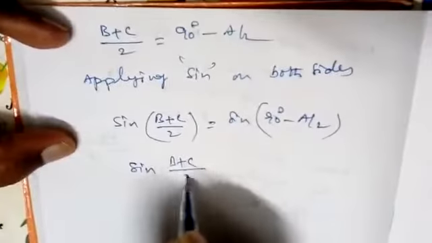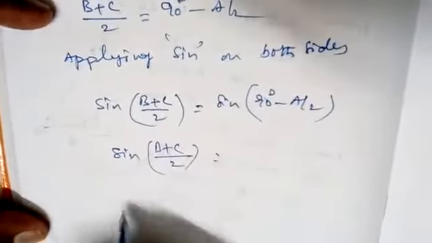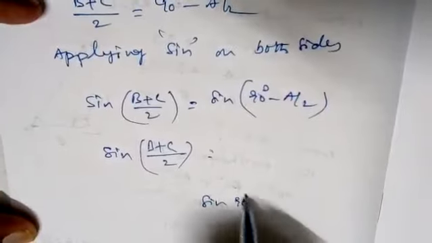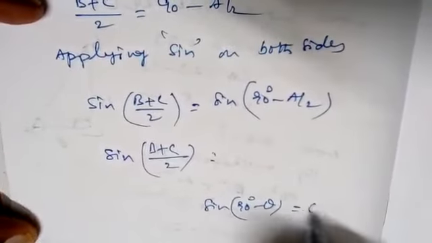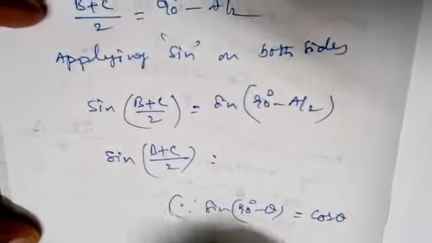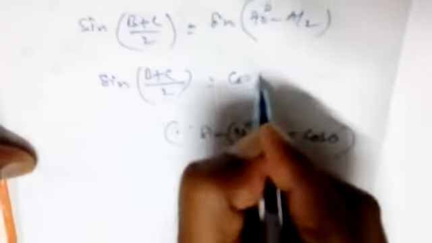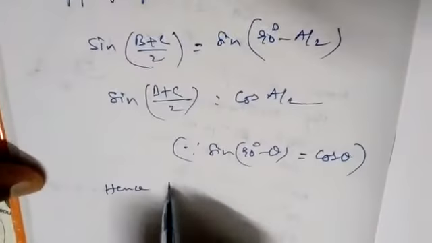So sin (B plus C) by 2 is equal to sin (90 minus theta), which is equal to cos theta. So we get cos A by 2. Hence proved.